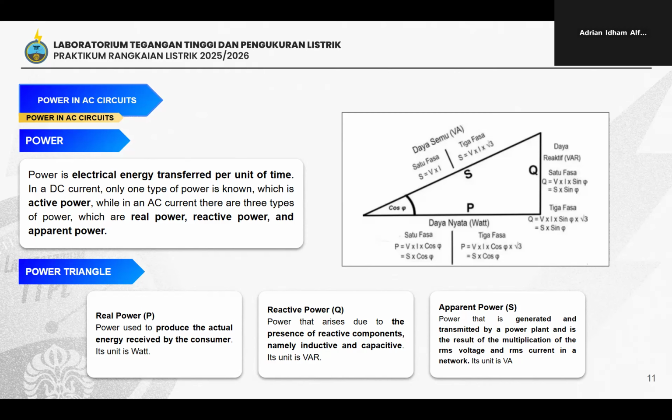Reactive power arises due to the presence of reactive components, namely inductive and capacitive, and its unit is var. And the last one is apparent power. Apparent power is generated and transmitted by a power plant and is the result of the multiplication of the RMS voltage and RMS current in a network, and its unit is VA.